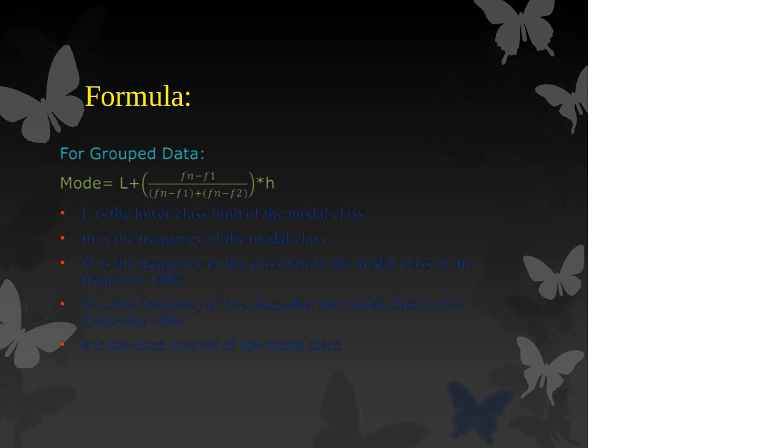120 divided by, what are we dividing? We have 32 minus 20, that is 12. And then we have 32 minus 25, that is 7.